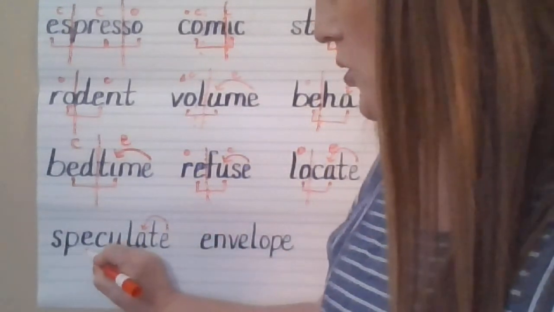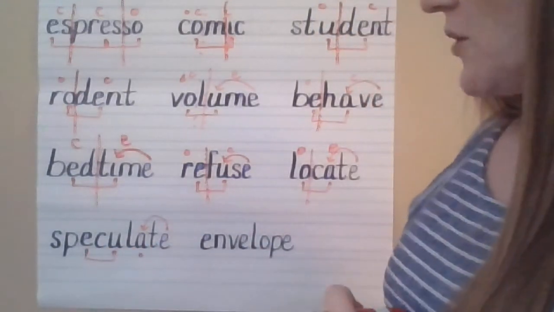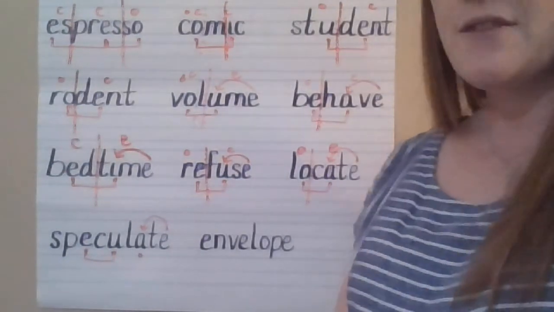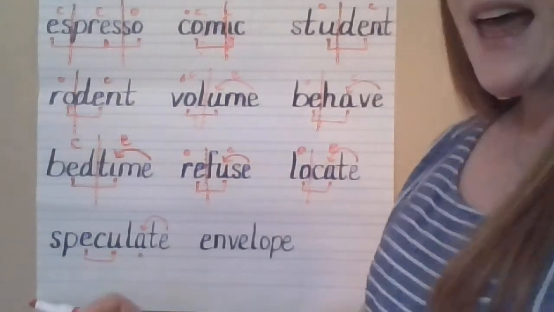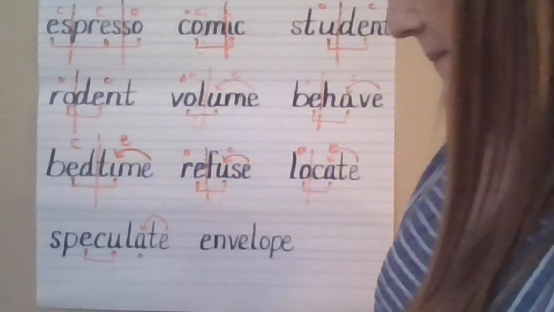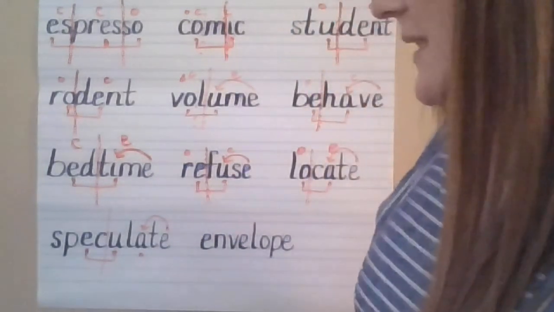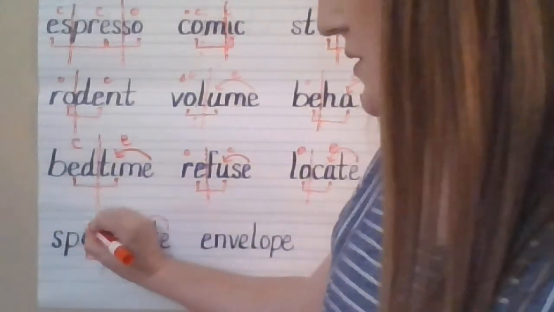So I'm going to go between those first two, and I have one consonant. I'm going to go ahead and give you guys a hint on this one. We are going to divide it after the C. So what kind of syllable is that? Closed.